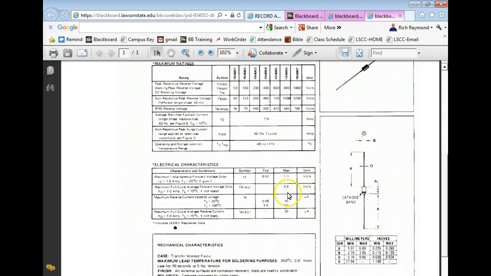The average forward voltage drop on this guy is what? 600 millivolts. I'm going to say 6. It's hard for me to see that. And then the leakage current maximum is what? 10 microamps at 25 degrees centigrade and 50 microamps at 100 degrees centigrade.